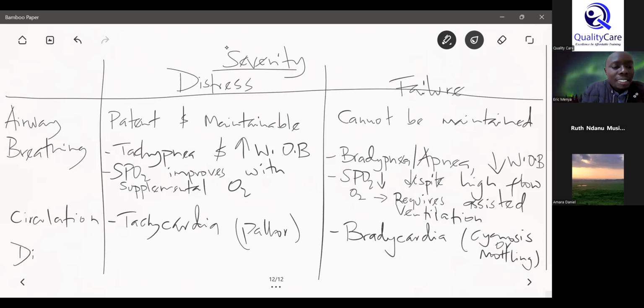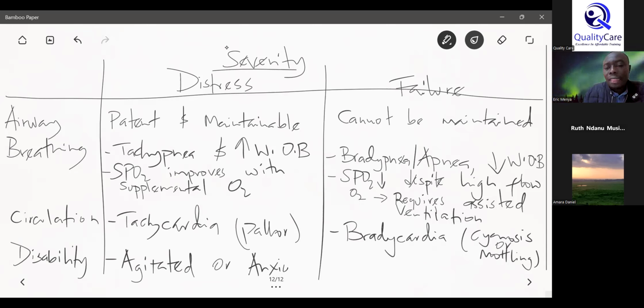At disability, this patient is agitated or anxious, but they still have a good level of consciousness. Here is an altered level of consciousness.